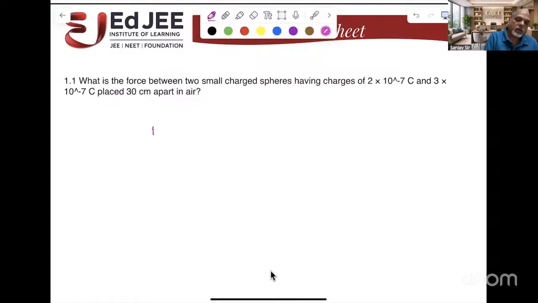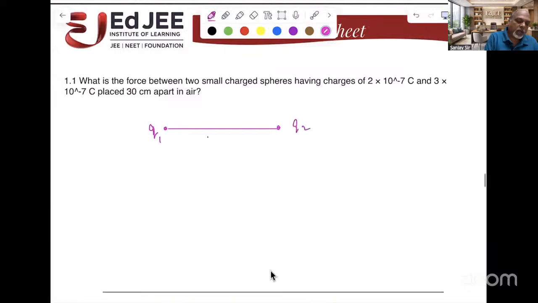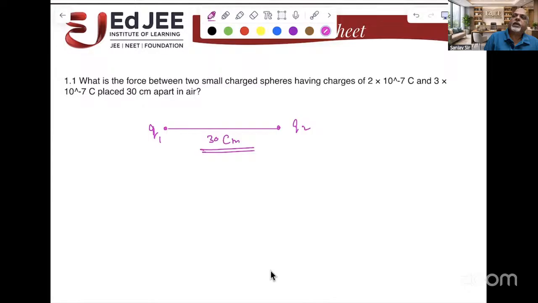We have two charges. Suppose Q1 and this is Q2, and the distance between them is 30 centimeter. We have been given Q1 is 2 into 10 raised to minus 7 coulomb and Q2 is 3 into 10 raised to minus 7 coulomb.